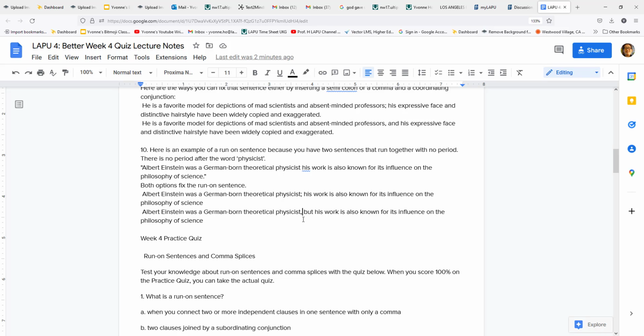And so a semicolon and a coordinating conjunction. So here the coordinating conjunction is but. Remember that coordinating conjunctions could be FANBOYS. Okay, it's for, and, nor, but, or, yet, and so.